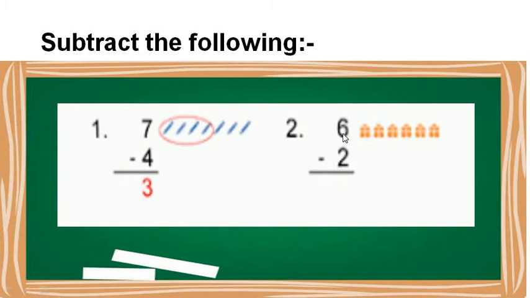Look, the sum is 6 minus 2. Cross out 2. 1 and 2. So, now count the remaining objects. 1, 2, 3 and 4. We can say that 6 minus 2 is equal to 4.